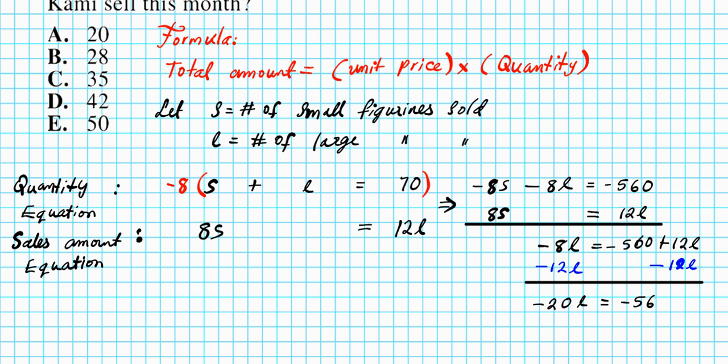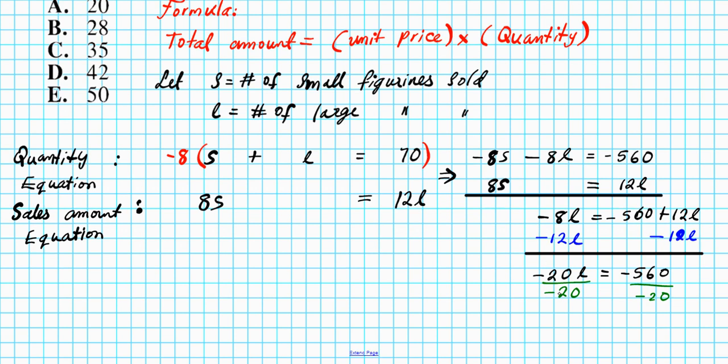And then to finish this off, divide both sides by negative 20. And let's see, this cancels out, L equals, and then when you do that in your calculator, negative 560 over negative 20, you end up with 28. Your answer is option letter B.